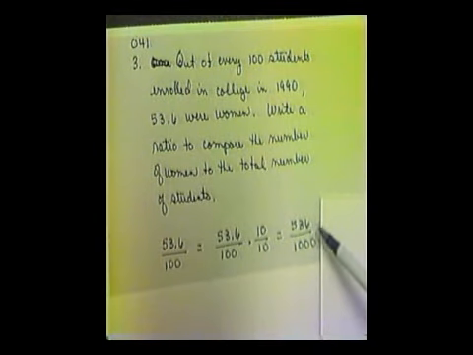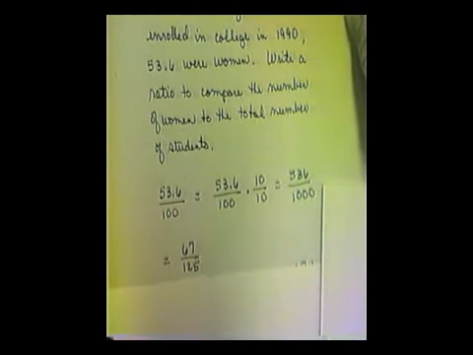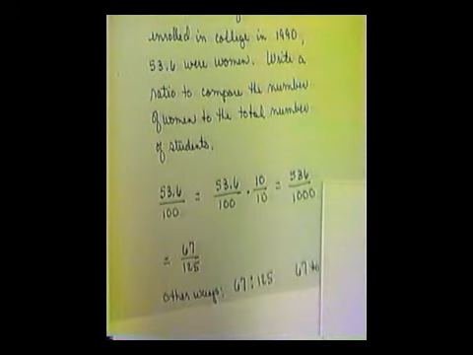And then what do we need to do to this? We need to reduce it to lowest terms, which gives me 67 over 125. And that reduces no further, and we get 67 to 125, and the other form 67 to 125.